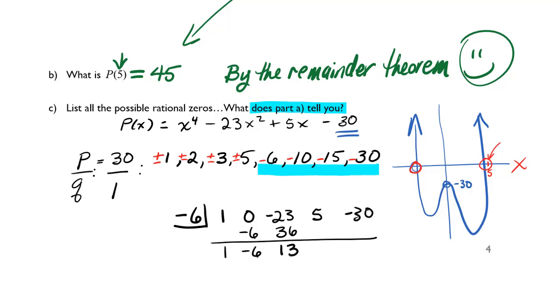Negative 6 times 13 is negative 78. 5 plus negative 78 is negative 73, and that's going to be a huge number. 73 times 6 is 438. 438 minus 30 is 408. And now let's look at our signs.